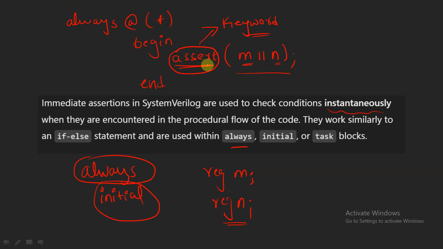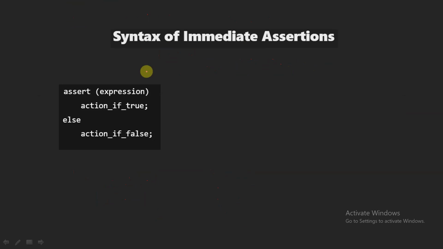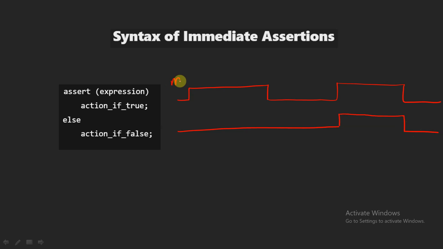Let us draw some waveforms and check. Let's say this is our m, and this is our n. Now what we have written is assert (m || n). If the logical OR operation of m and n is true, then the assertion will pass.